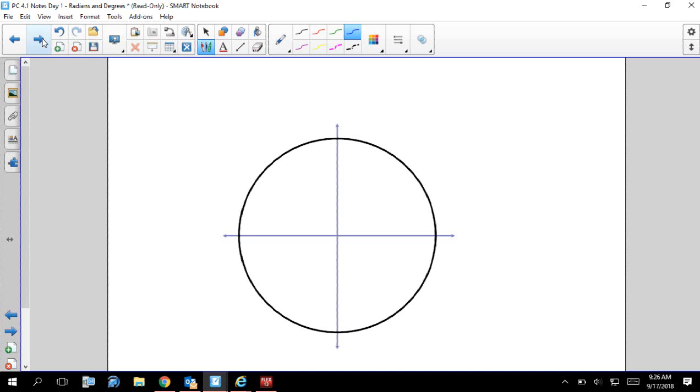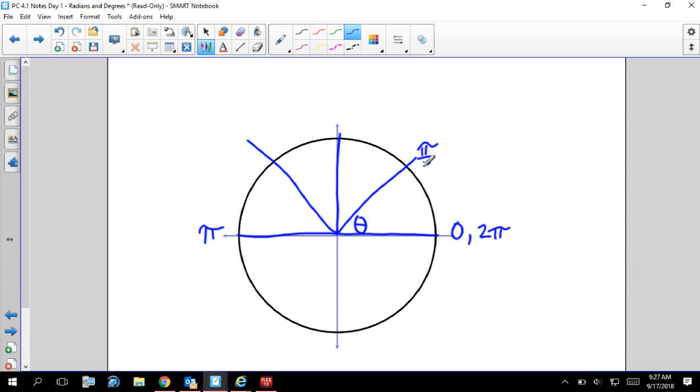Okay, next one we're going to do: start with your 0, 2 pi over here, and pi over here. I'm going to look at the top half again, but I'm going to divide it into 4 equal thetas. So I'm taking pi and dividing it by 4. So the first one is pi divided by 4.